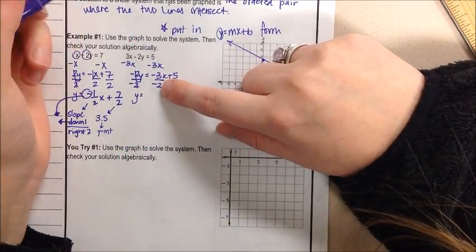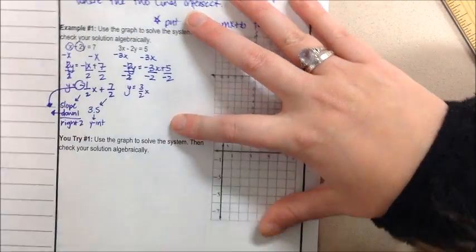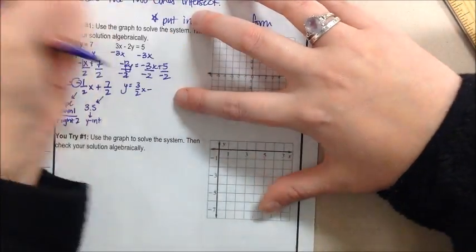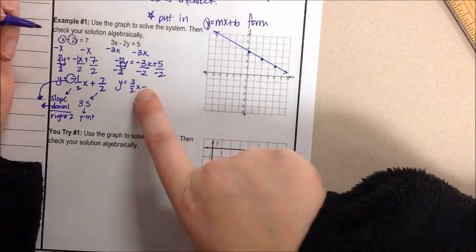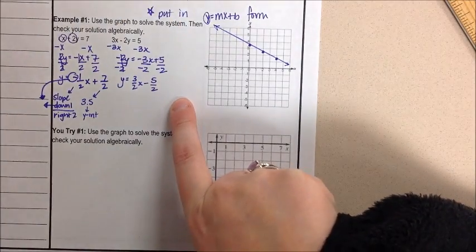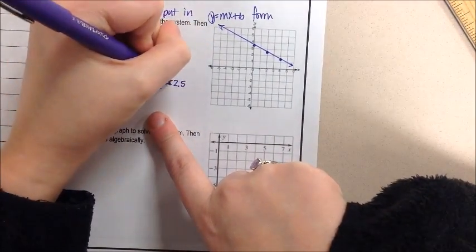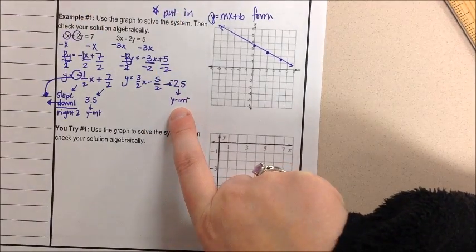A negative divided by a negative is a positive, so this just becomes 3 over 2 x. And then this is 5 divided by negative 2, which simplifies to a negative, because I have a positive divided by a negative. And then I have my 5 over 2, which is 2.5, and it's really negative 2.5. So that's my y-intercept.